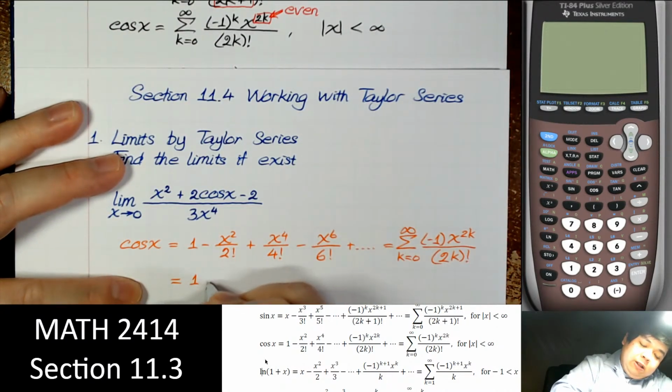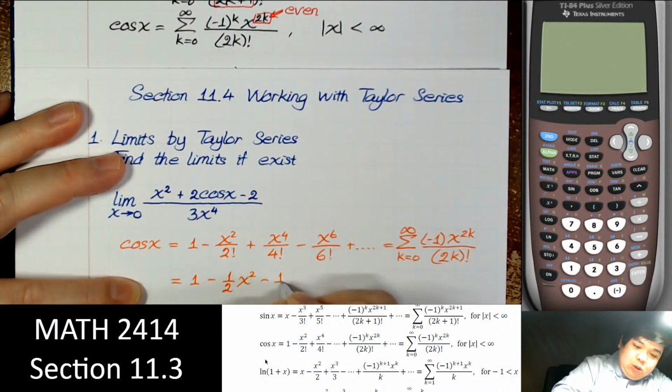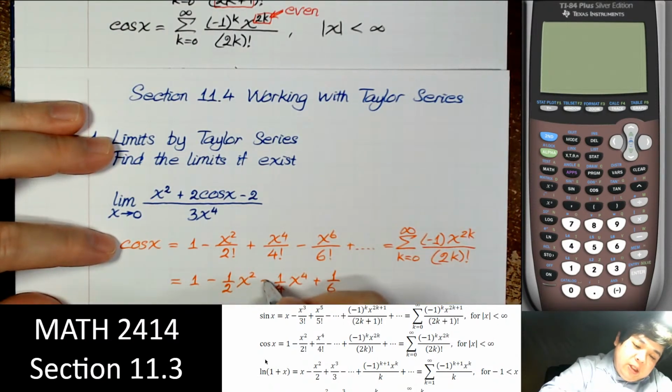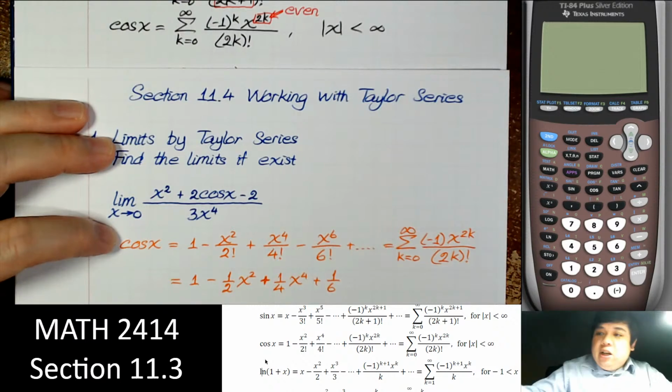That's 1 minus 1/2 x squared plus 1/24 x to the 4th, minus 1/720 x to the 6th. Wait, this is a plus. The sign is alternating.